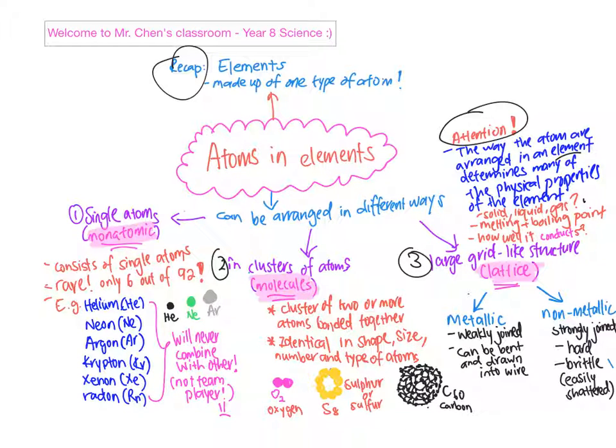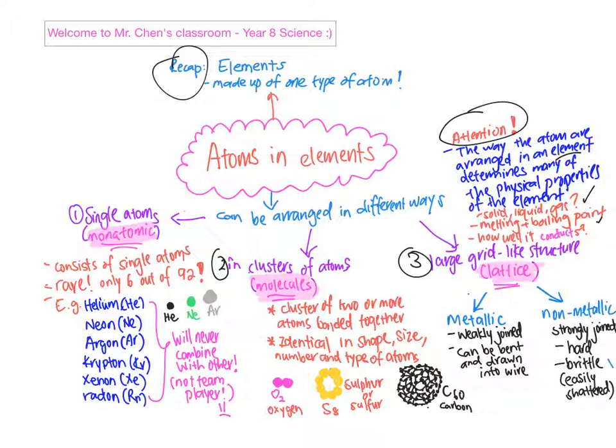If atoms are arranged in a certain way, it might become a solid, a liquid, or a gas. It will also affect the melting and boiling points. Melting is how easily it turns from solid to liquid, and boiling is how easily it turns from liquid to gas.